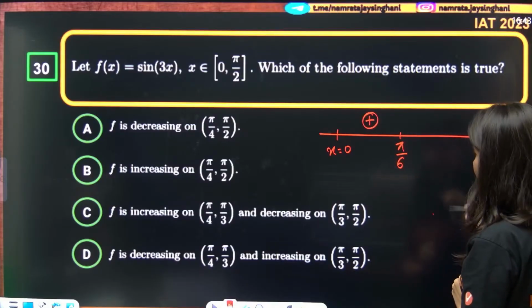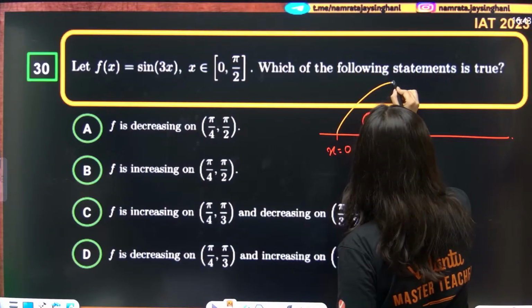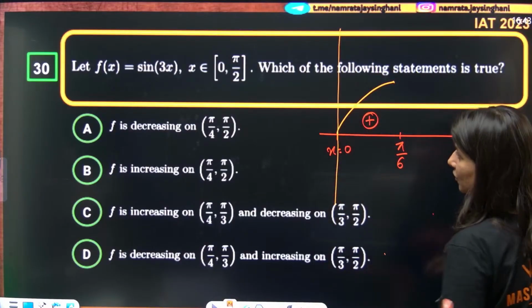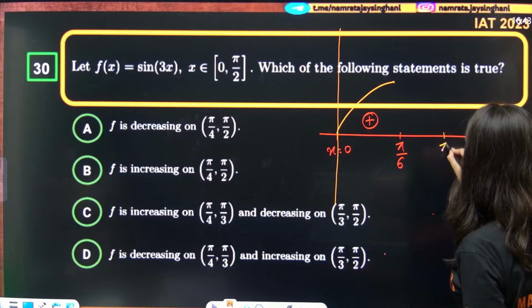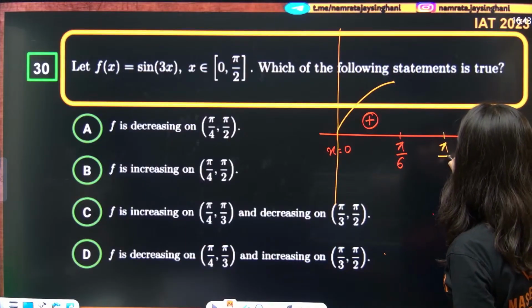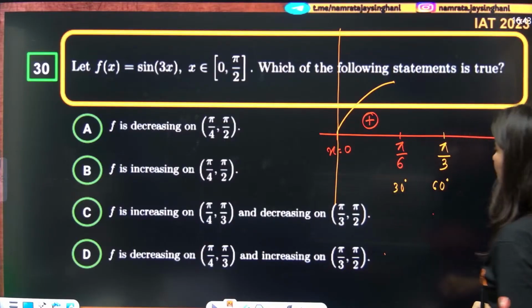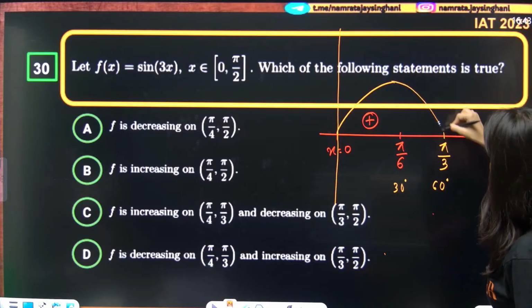Okay. And the graph in the first quadrant will look like this. If I try to plot the graph, this is positive also. Pi by 6, then we have pi by 3. So this is 30 degree, then we have 60 degree. Okay. So pi by 3, if you put, it will remain pi and the graph will look like this.